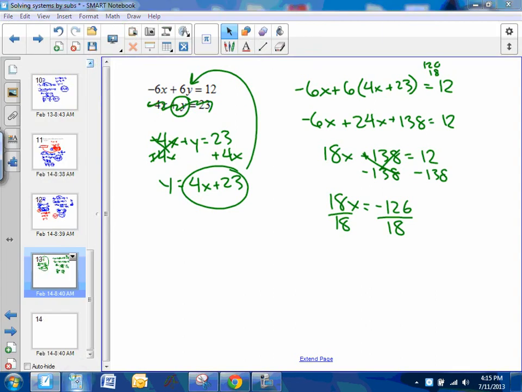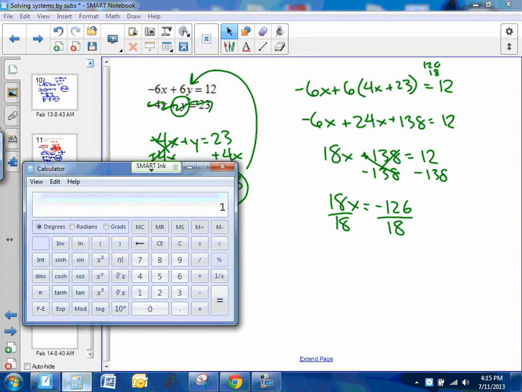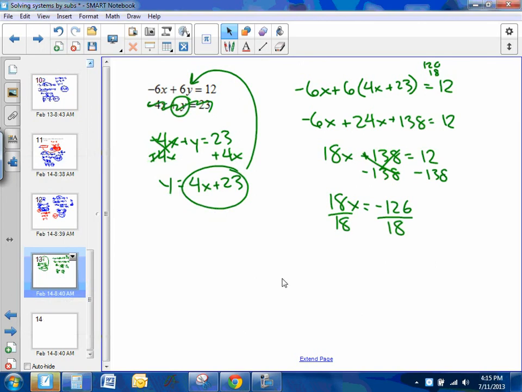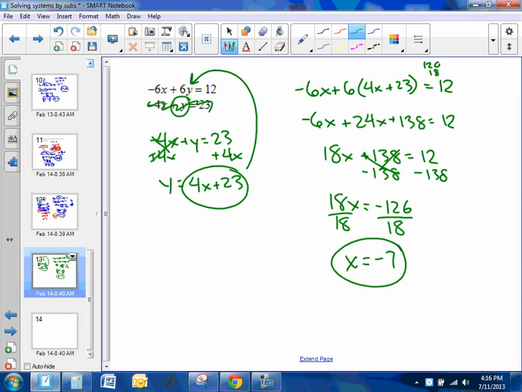So let's see what negative 126 divided by 18 is. That'll give me a negative 7. So these should all be whole numbers. On your worksheets, you shouldn't get a fraction. There are problems where you can have fractions, but these on the homework won't be fractions. So x equals negative 7.